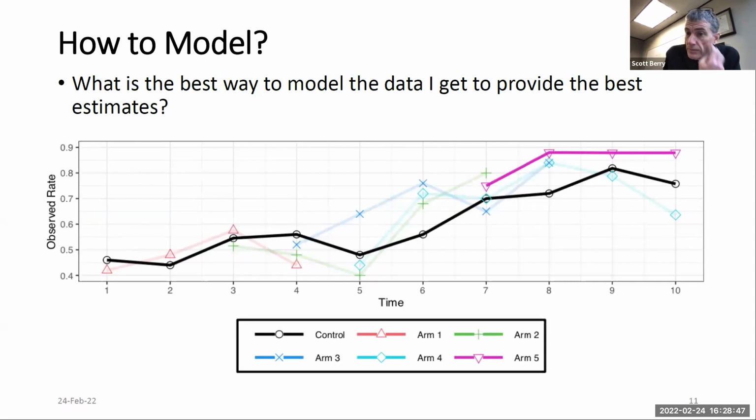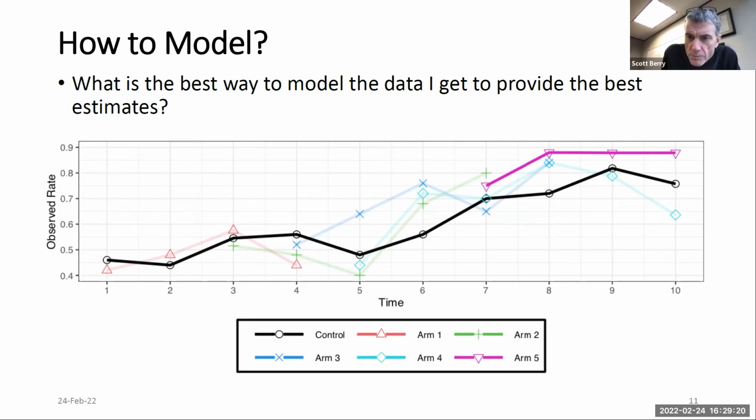Here's an example brought on by the iSpy 2 trial, but many trials, where we might be interested in arm 5, the pink arm at the end here, against control. Control is black, shown from the beginning of time 1 to time 10. I have created different eras, seasons, or parts to this trial, 10 different eras, in which the last 4 eras, arm 5 and the control arm, have overlapped.